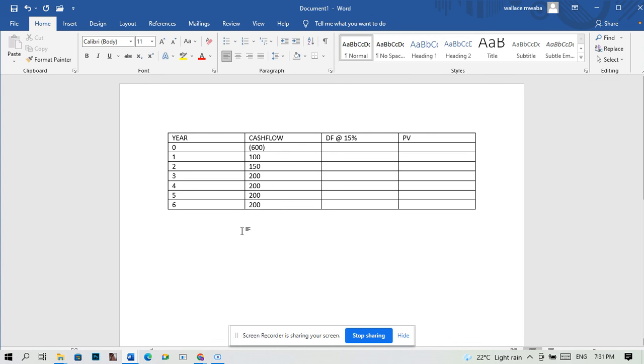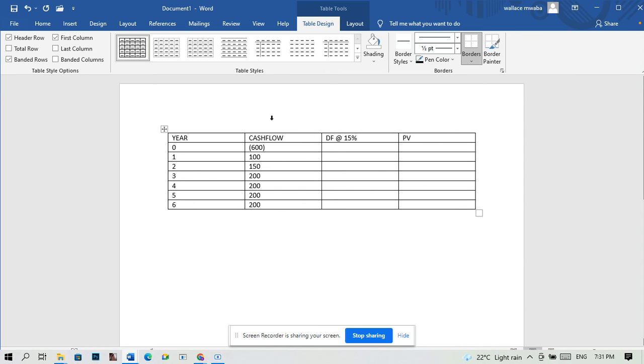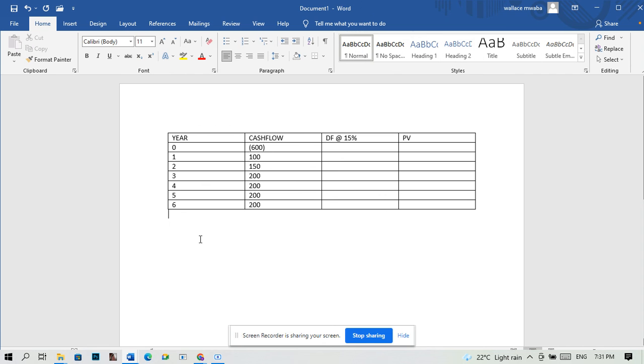So to get our discount factors, if you remember the formula for the present value, it's present value equals future value times (1 plus r) to the power negative t.